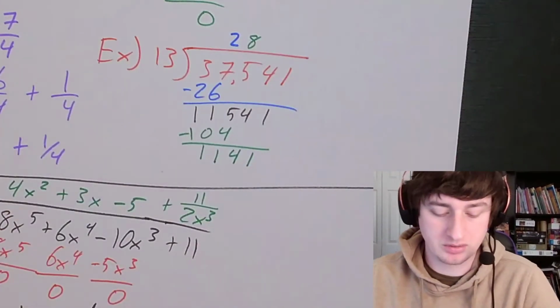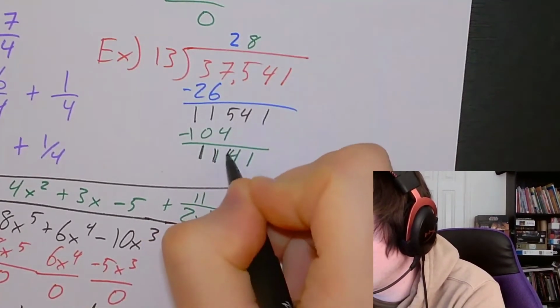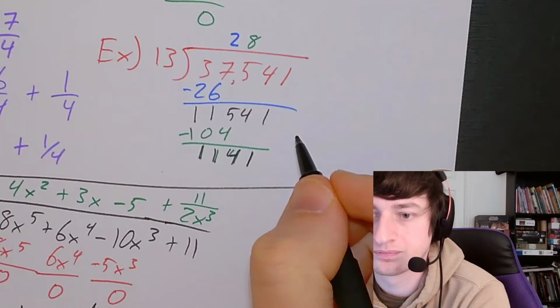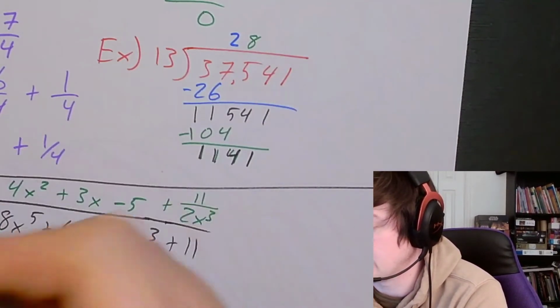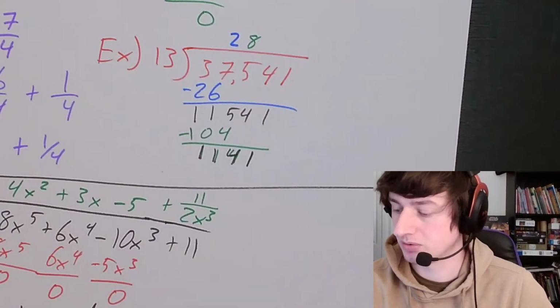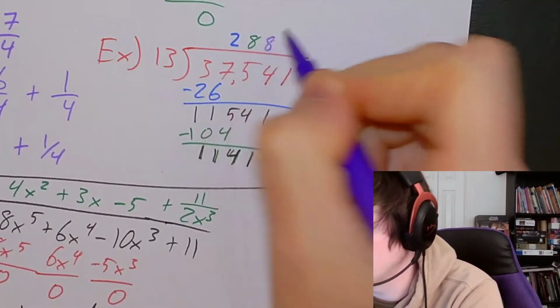I didn't mean to do that in green; I should have done that in black. 1, 1, 4, 1. It's going to be another 8, right? Because if I add another 13 to that, it's going to be bigger than that number. So the next number is an 8 again.